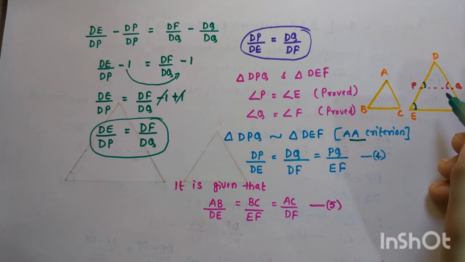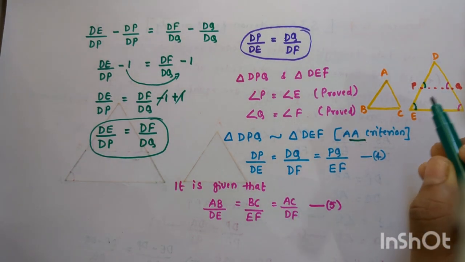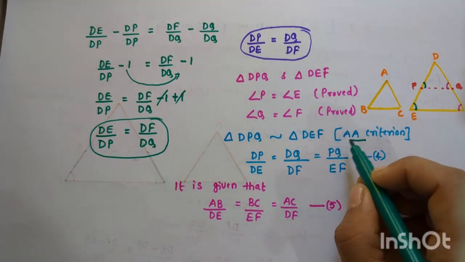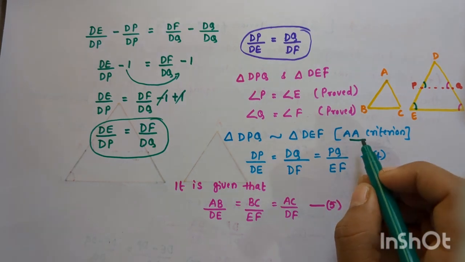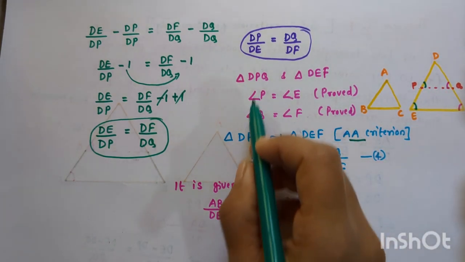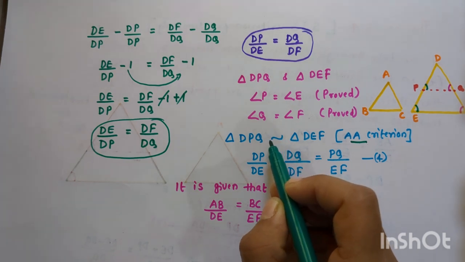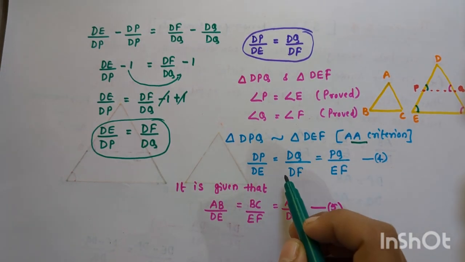So if two angles of one triangle are respectively equal to two angles of another triangle, then the two triangles are similar by the AA similarity criterion. So we can say that triangle DPQ is similar to triangle DEF.